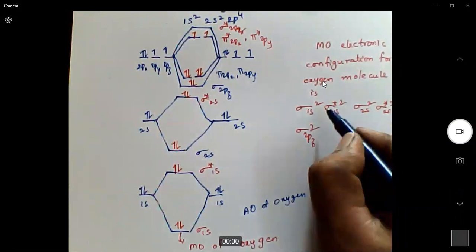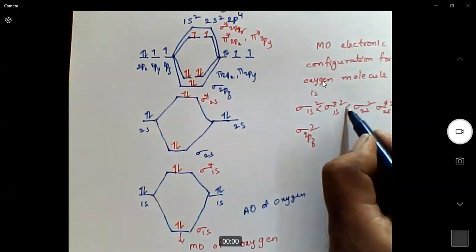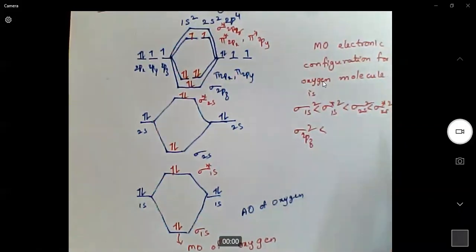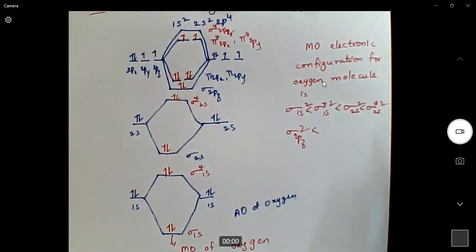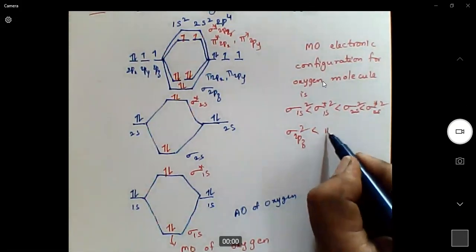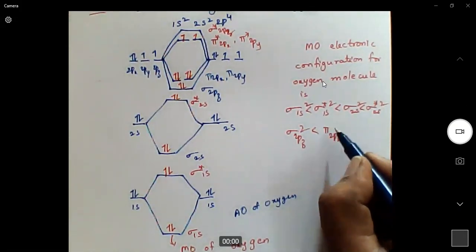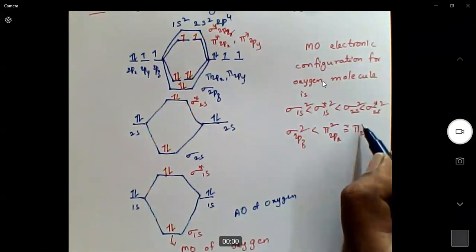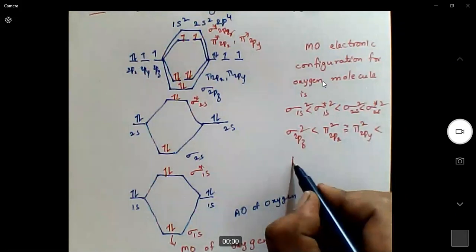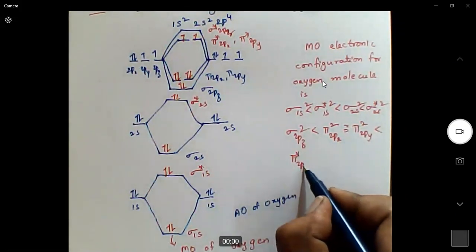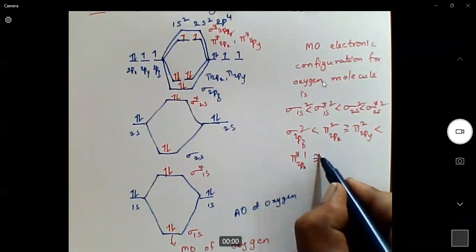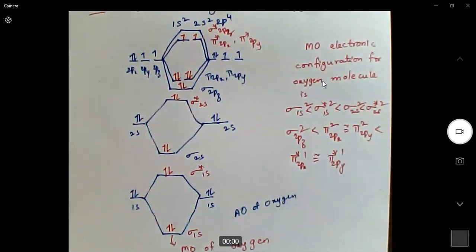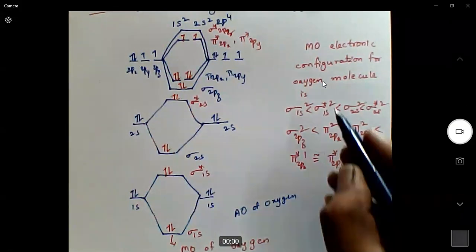I must write less than because it is energy order. Next, pi 2px 2 electrons, which is equal to pi 2py 2 electrons. Then pi star 2px 1 electron, which is equal to pi star 2py 1 electron. This is the electronic configuration.